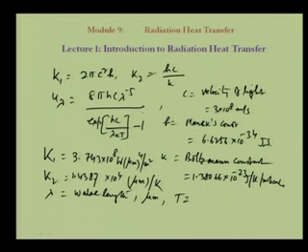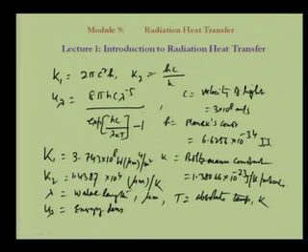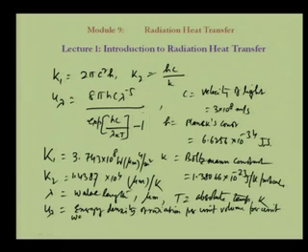T is absolute temperature, that is in Kelvin, and u lambda is called energy density of radiation. Radiation per unit volume per unit wavelength.